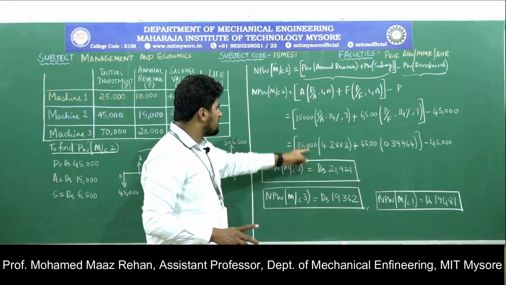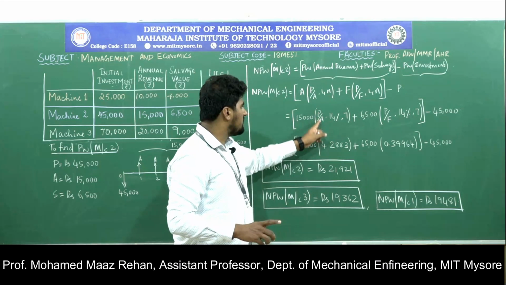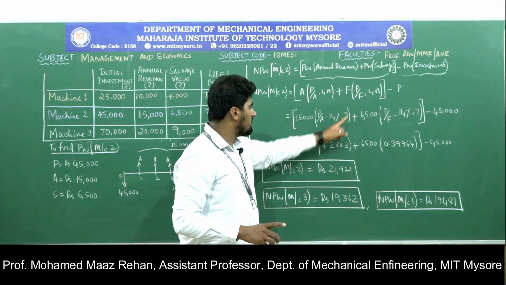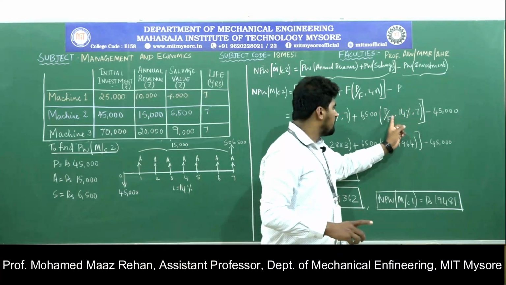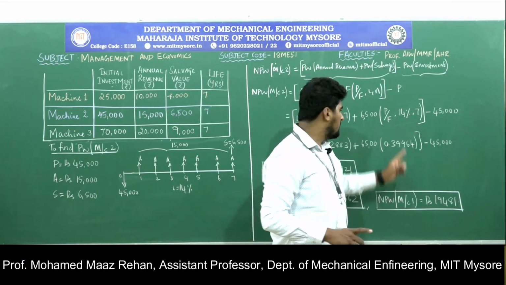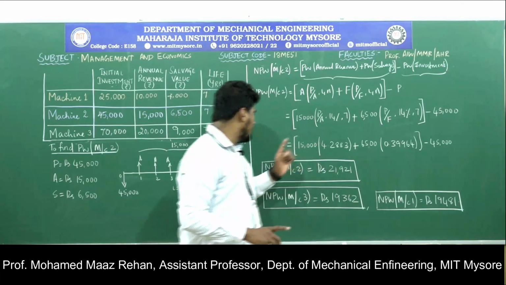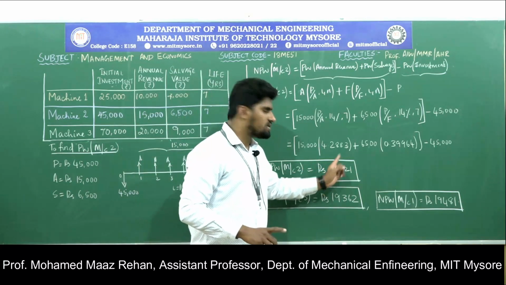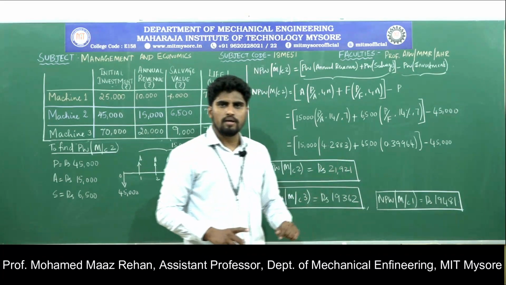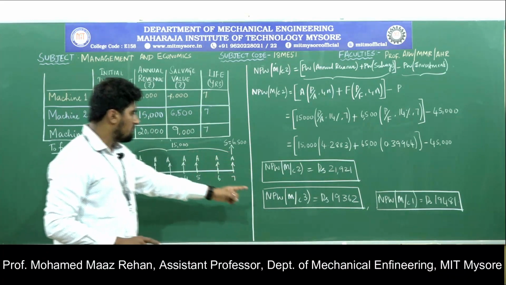So if you just substitute, by using a compound interest table, if you find the values (P/A, 14, 7), you will get it as 4.2883 and (P/F, 14%, 7), you will get the value as 0.39964. If you substitute, you will get the net present worth for machine 2 as rupees 21,921. In the similar lines, you need to find the net present worth for machine 3.